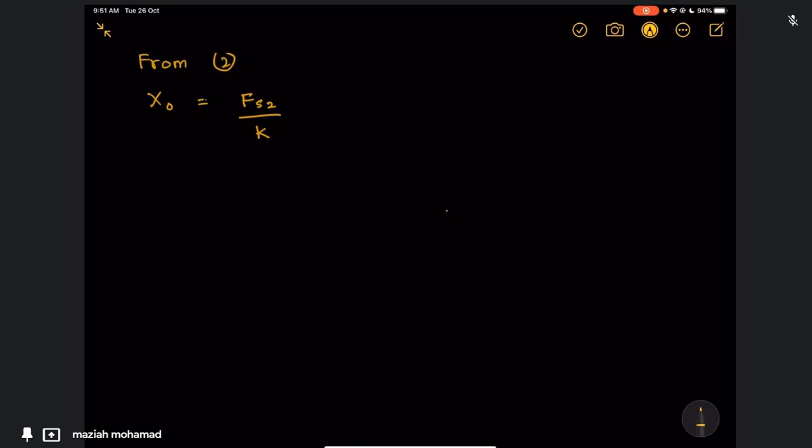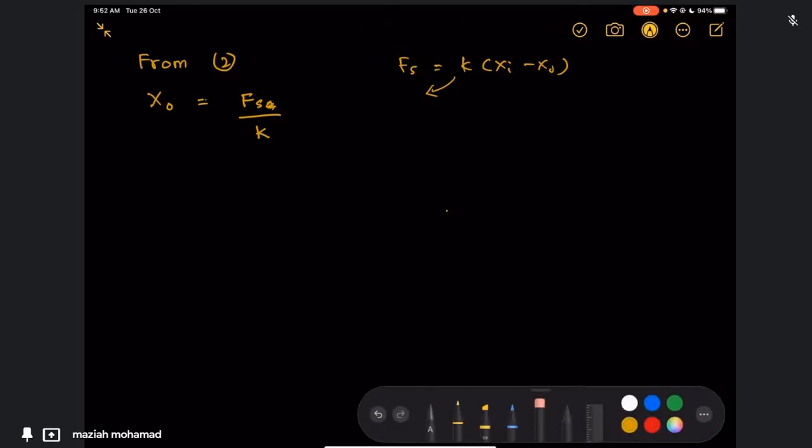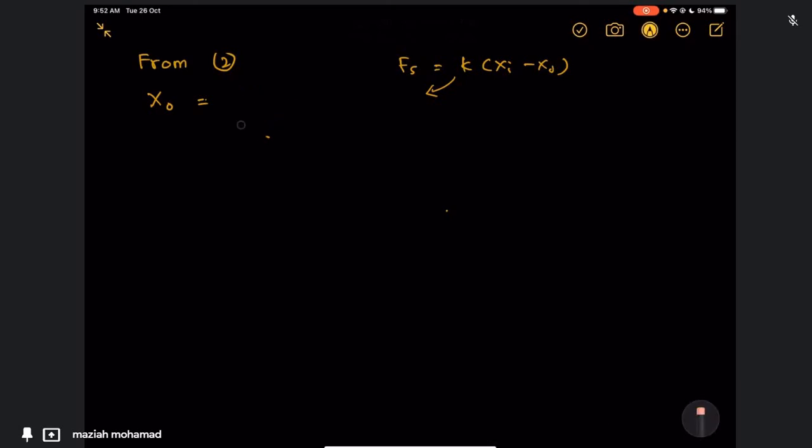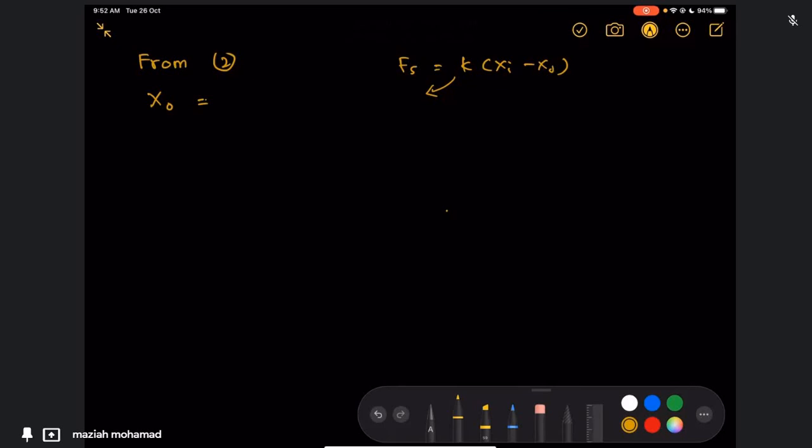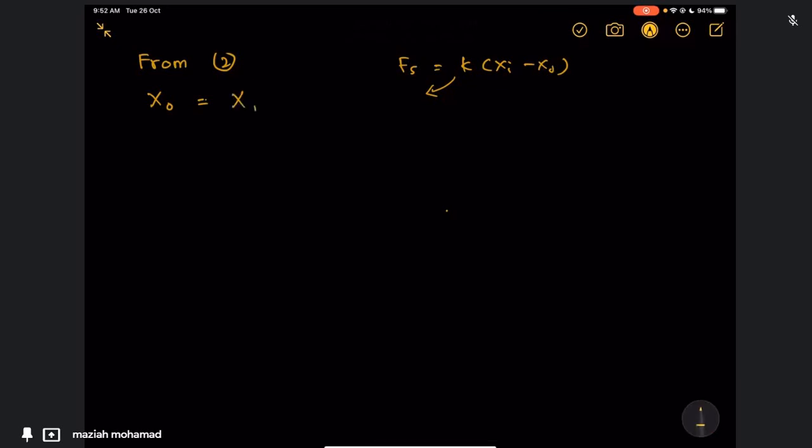Is it plus or minus? Fs equal to k times xi minus x naught. Okay, so then k to here, the equation will become xi minus fs divided by k. Okay, so that will be the equation.